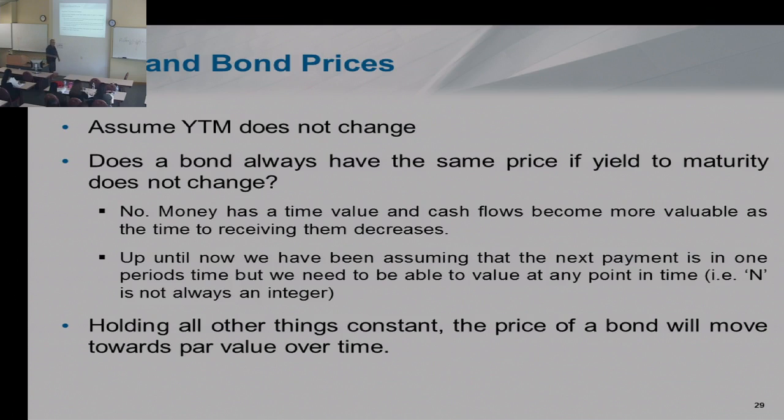Because at maturity, what do you get back? The face value. So what's the present value going to be at maturity? It's going to be the face value, because that's what you get back. If in 10 seconds' time you're going to get $1,000, what's it worth to you? $1,000. It doesn't matter that 5 years ago it was selling at a premium or a discount.